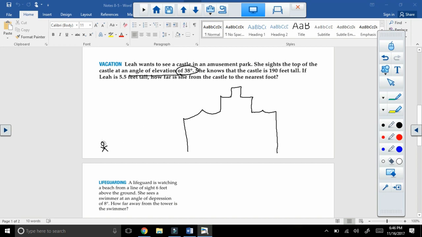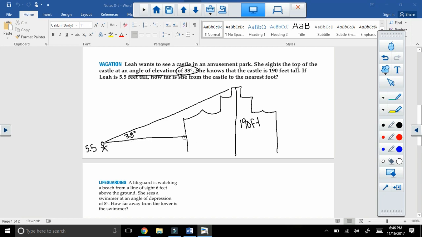So she's looking here, and she sights the top of that castle at 38 degrees. If she knows that the castle is 190 feet tall, and she is 5.5 feet tall, how far is she from the castle to the nearest foot?